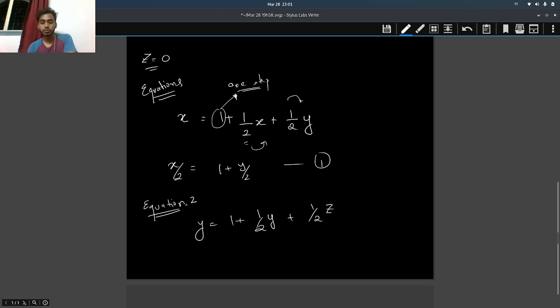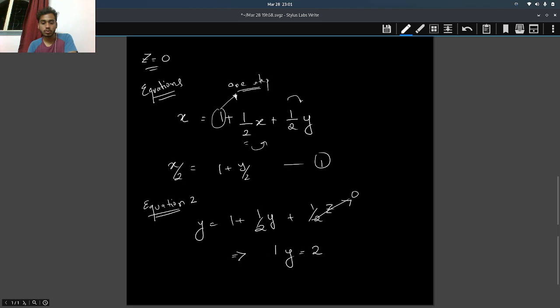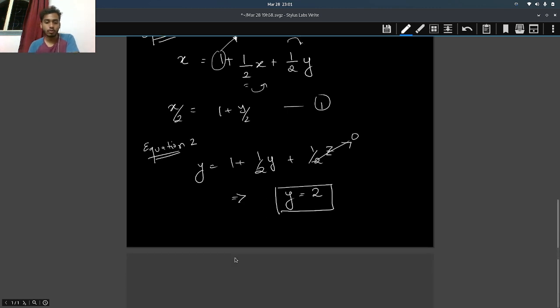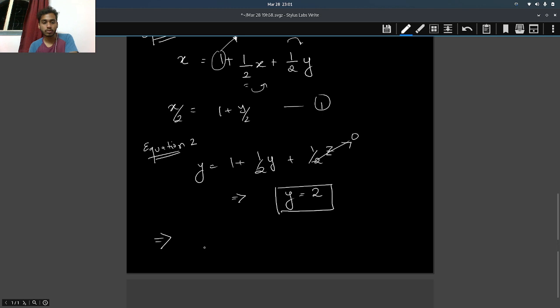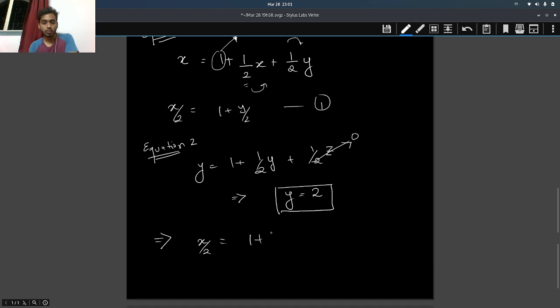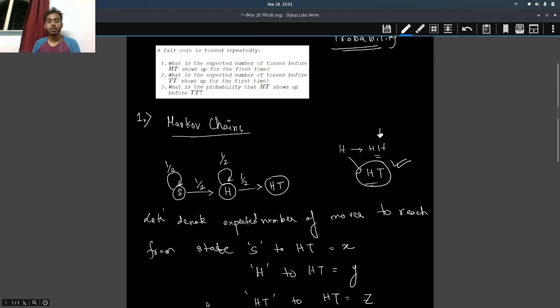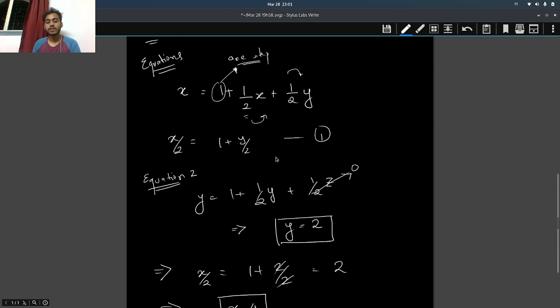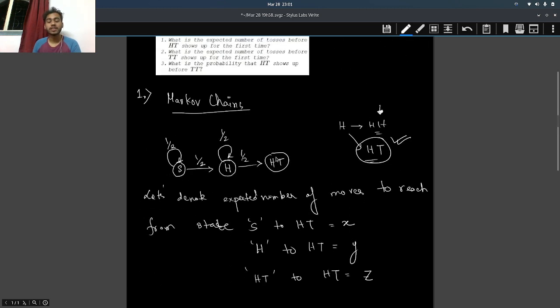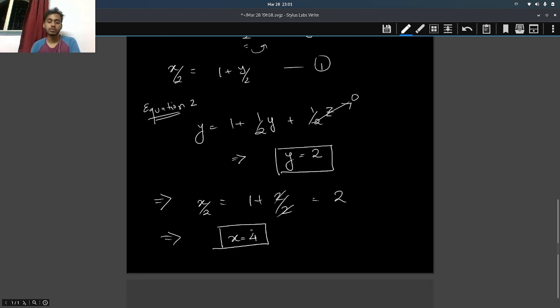And we know that Z equals 0, and hence Y equals 2, which will obviously give us from equation 1, X by 2 equals 1 plus 2 by 2, 2 cuts, equals 2, which means X is equal to 4. So the expected number of tosses we need to reach HT is 4 from the starting state S. So this is the expected value, right.